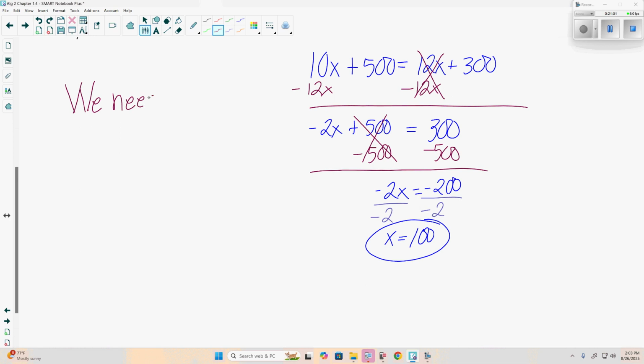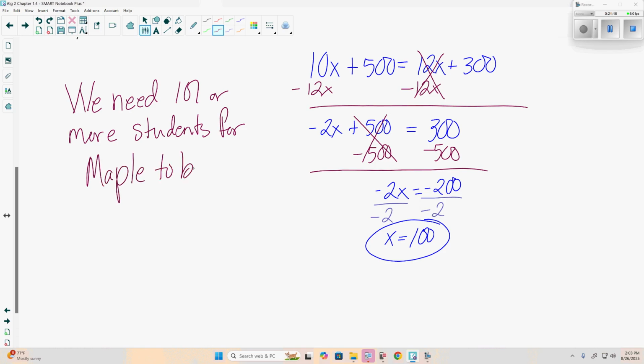We need 101 or more students for Maple to be cheaper. For Maple to be cheaper, we need 101 students or more.